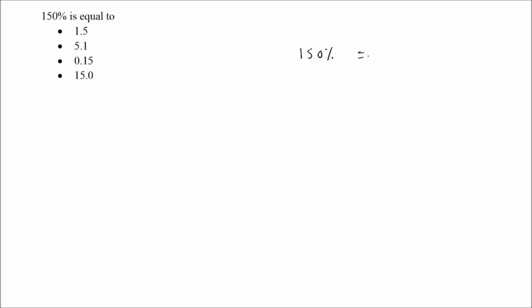150% is equal to 150 upon 100. So this will get cancelled. It is equal to 1.5. Now let us simplify this. So what we will do, we'll do these two and these two.